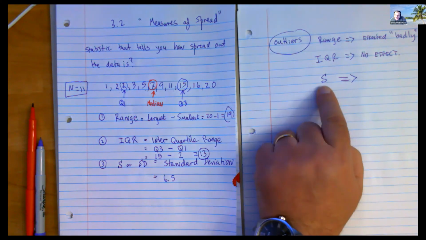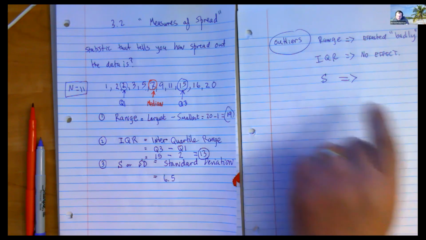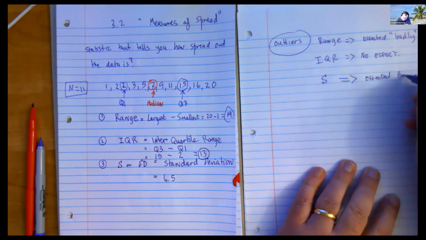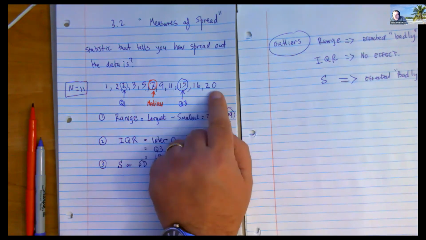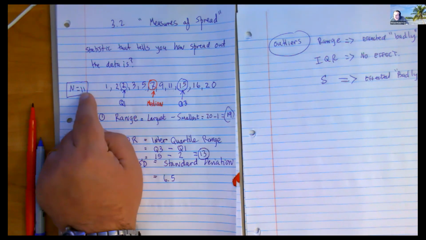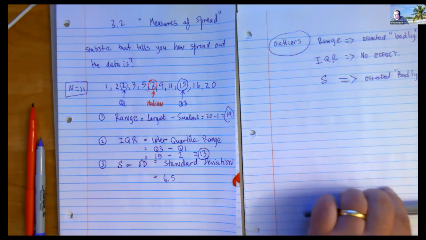You might not know this because it's kind of hard to tell how you calculate the standard deviation unless you do it by hand. So this one you're going to trust me. Do you know that the standard deviation also gets affected badly? If you put in one really big outlier or one really small outlier, the effect is that the standard deviation is much bigger than it would have been if that number hadn't been there.